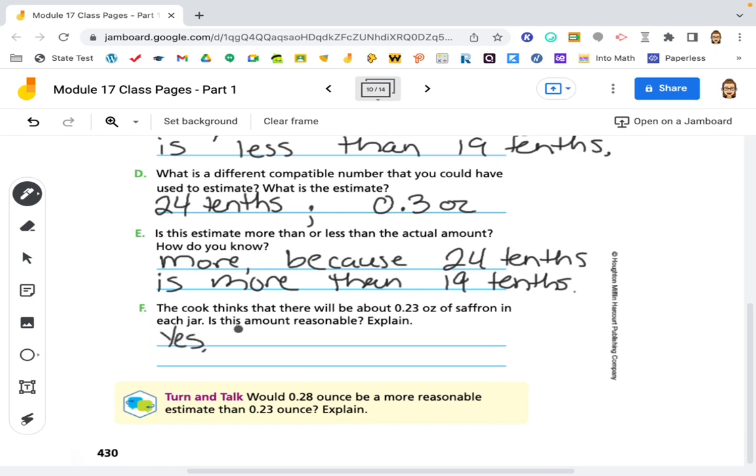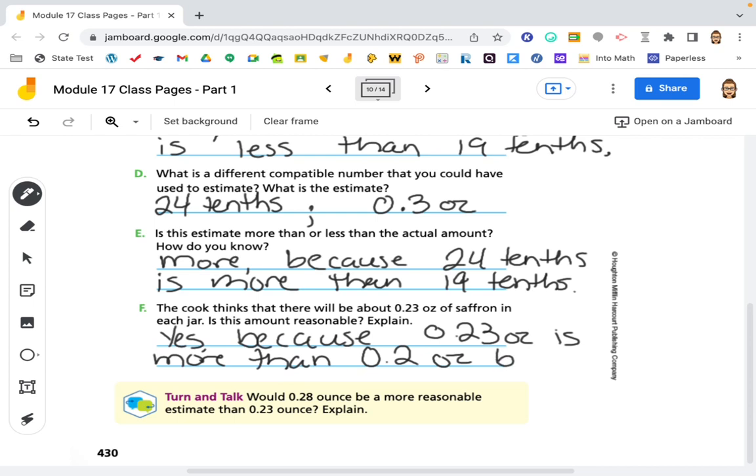Yes, it is, because 2 and 3/10 ounces is more than 2 ounces but less than 3 ounces.